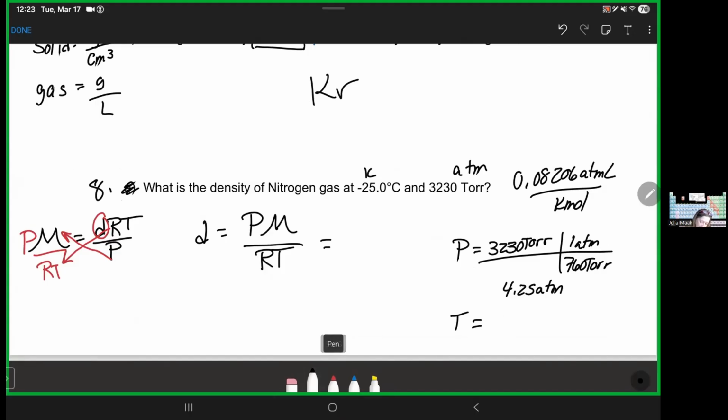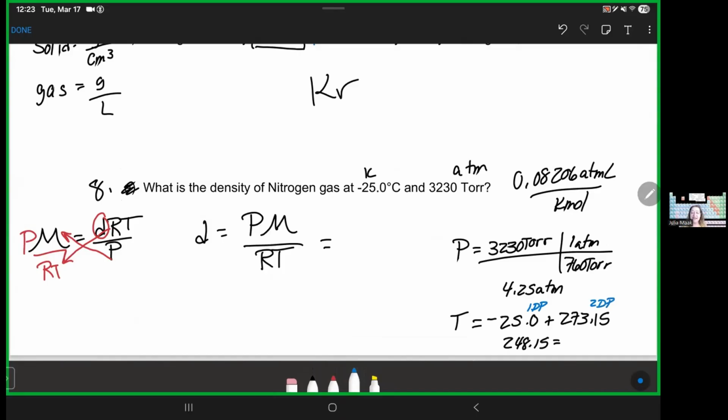And our temperature needs to be in Kelvin. So I have negative 25.0 plus 273.15. And when I do that math, I get 248.15. And I've got 1 decimal place, 2 decimal places. And remember the decimal places because we're adding.